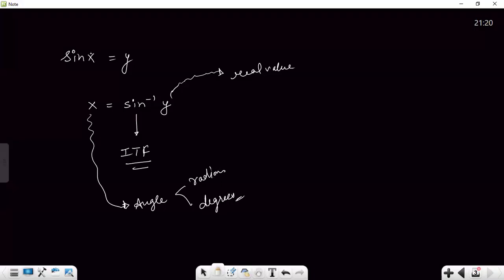So earlier what was happening? For this trigonometric function, the input was an angle, but the output was some real value. We call the input the domain. The domain of a trigonometric function was an angle, and the range was a real value. Let me change color.